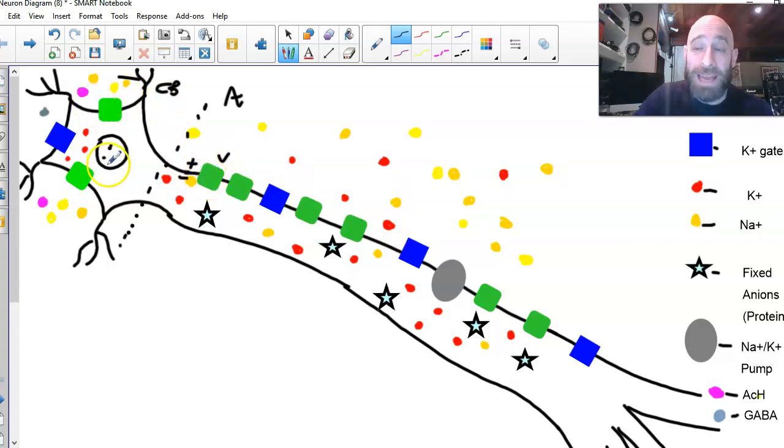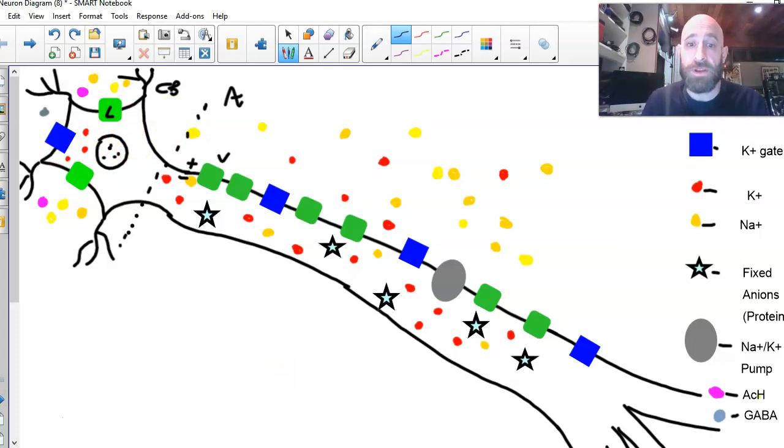And then in the cell body, which is going to include also the dendrites, because remember, the dendrites are attached to the cell body, these are ligand-gated channels, which means that they open when there's a chemical that attaches to them. So just like when troponin attaches to calcium, it changes its shape. Well, when a neurotransmitter attaches to a ligand-gated channel, it changes the shape and it opens it, or it closes it, depending on the scenario.